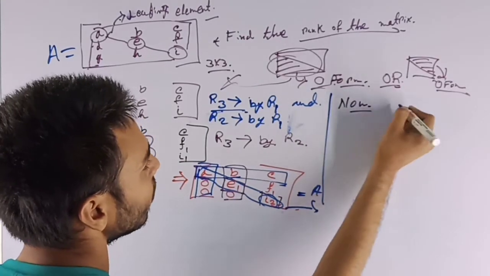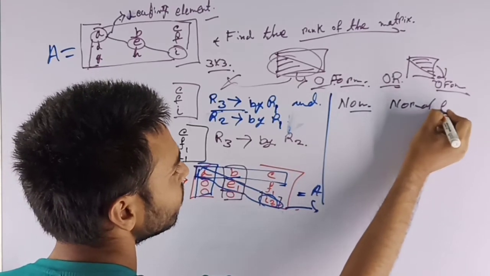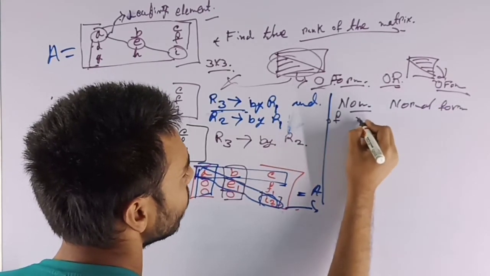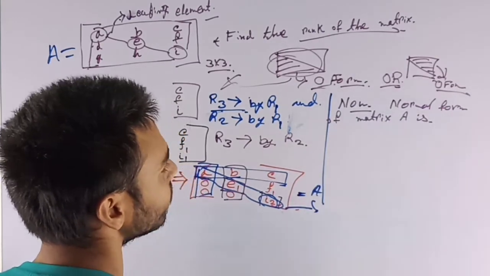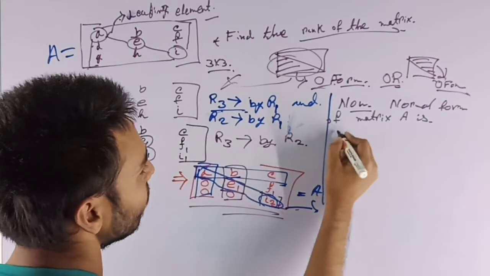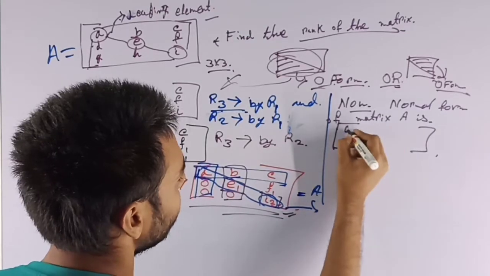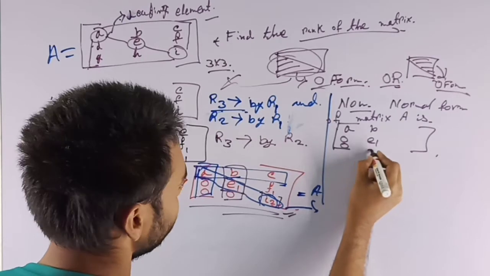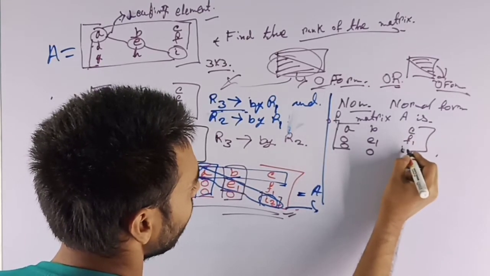Now the normal form of this matrix. I write the matrix form here: a 0 0, b e1 0, c f1 i2.